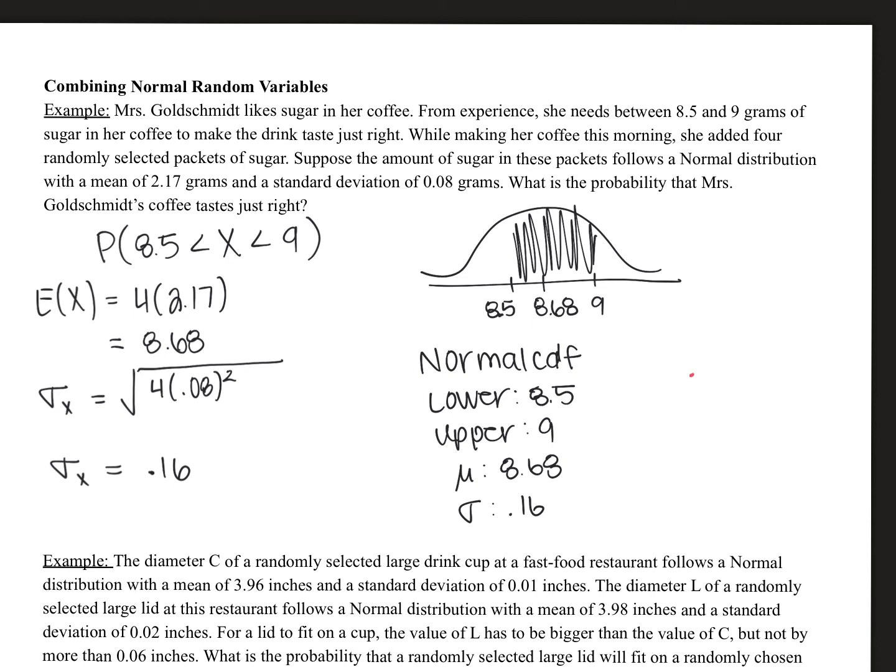And we're going to get a probability of 0.847. So the probability that Mrs. Goldschmidt's coffee tastes just right is 0.847, which is pretty good.